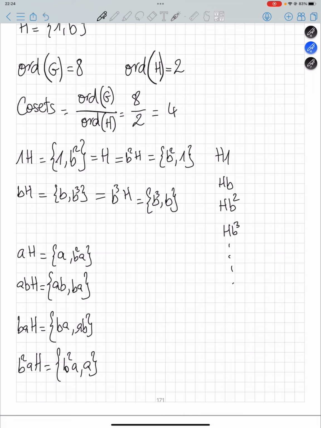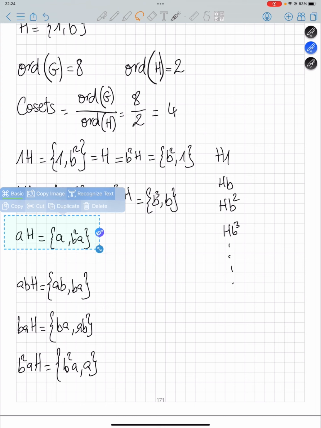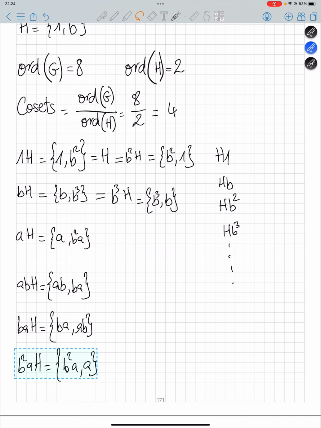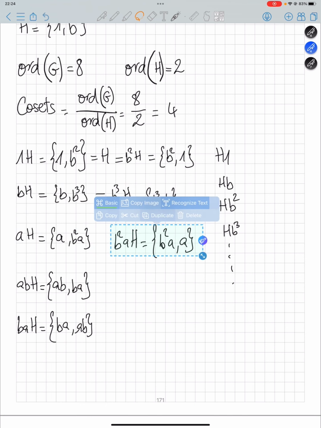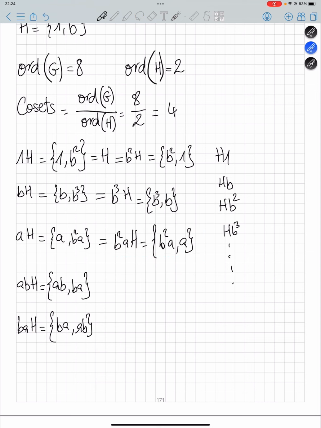Now here we have A B squared A, B squared A, so this one here is the same as this one here. They are the same.